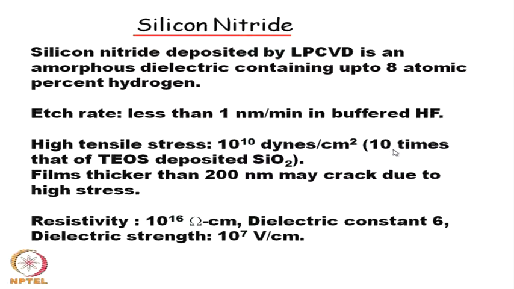It is basically 10 times that of TEOS deposited SiO2. The tensile stress of TEOS deposited SiO2 is 10 to the power 9 dynes per centimeter square, whereas for silicon nitride grown by this LPCVD process it is 10 to the power 10 dynes per centimeter square. Films thicker than 200 nanometer may crack due to high stress. So, a very thick film of silicon nitride is not recommended.